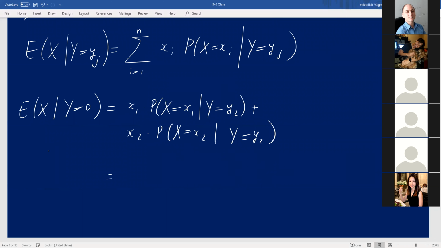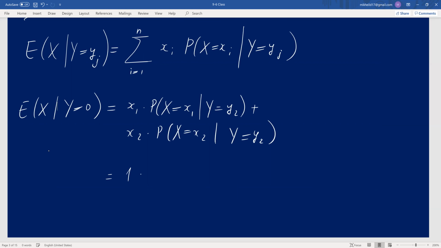So x1 is that I pass eco 4000, which is 1, times the probability that x equals 1 conditional that y equals 0, plus x2 is 0, 0 times the probability that x equals 0 conditional that y equals 0.